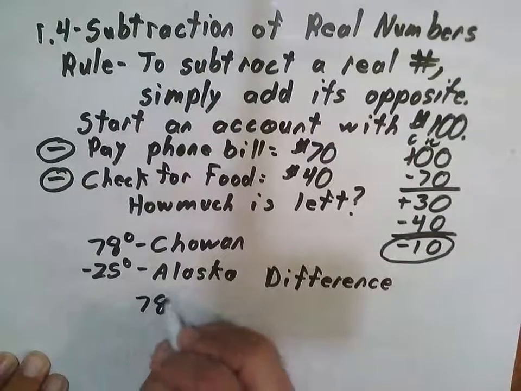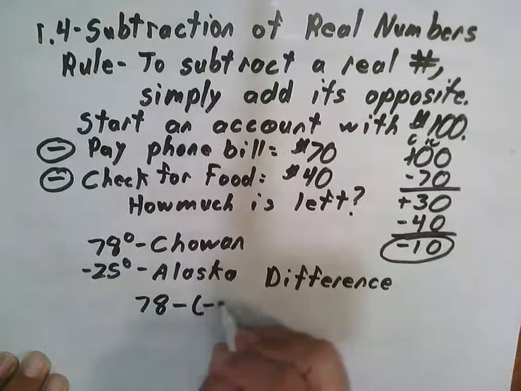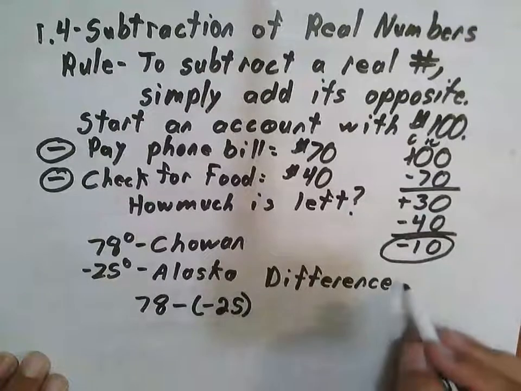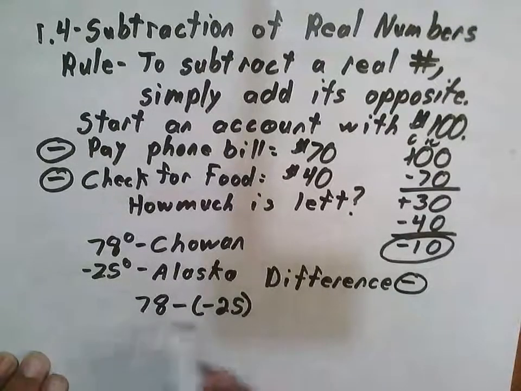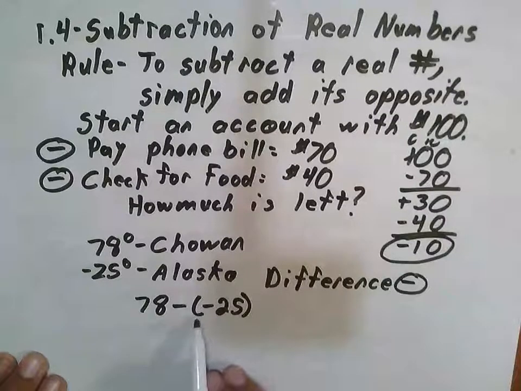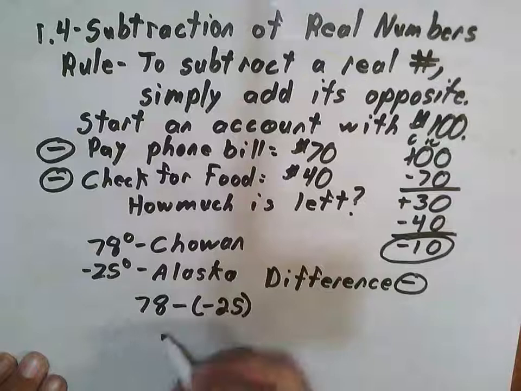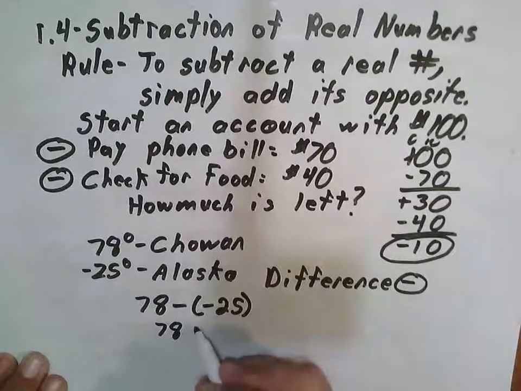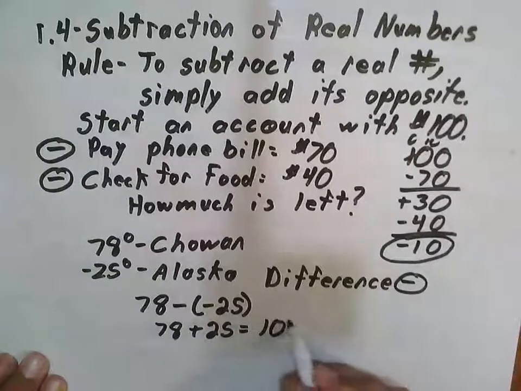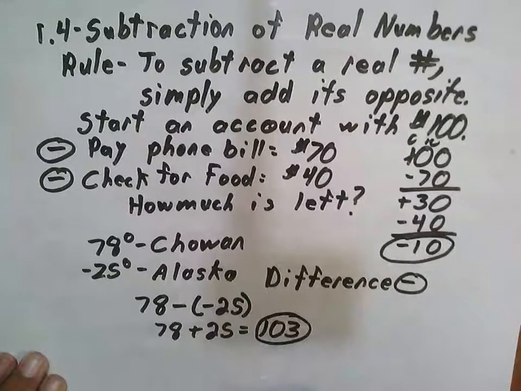So that's 78 minus negative 25. This is already a negative 25. Just like if these two signs did not match, this would automatically turn into a negative. Because they do match, if these do match, then you'll always turn them into a positive. So this is going to be 78 plus 25. So the difference between these two temperatures is 103 degrees.